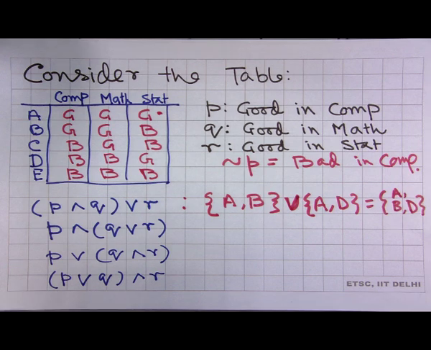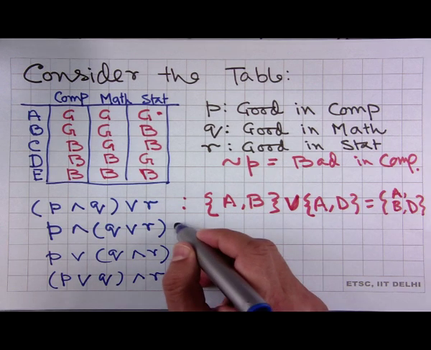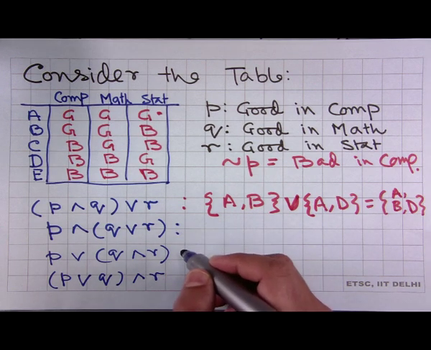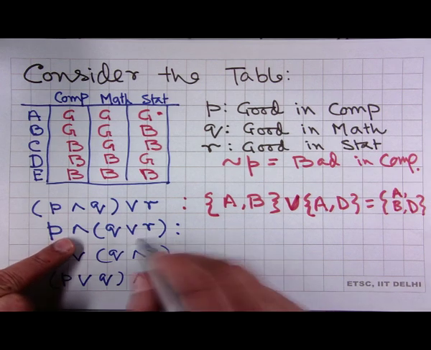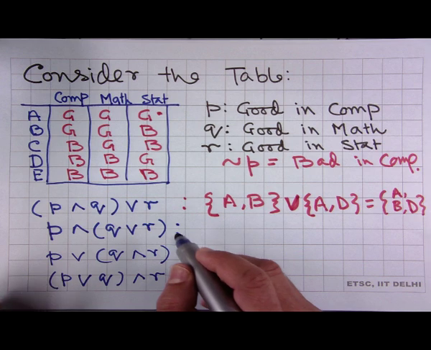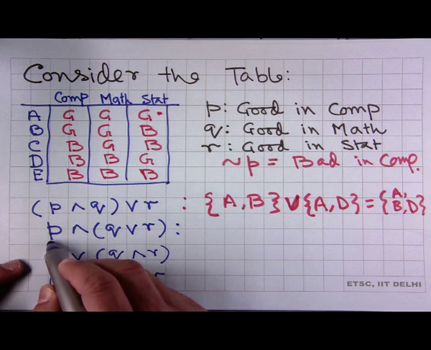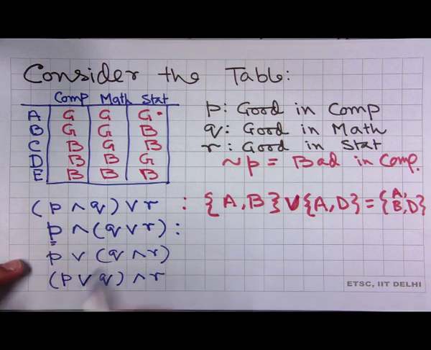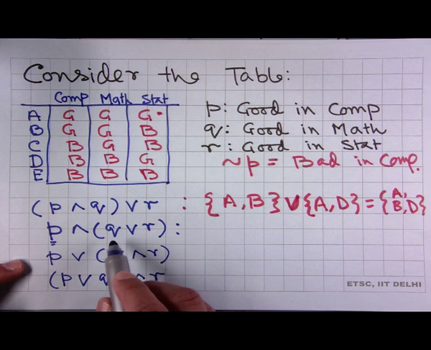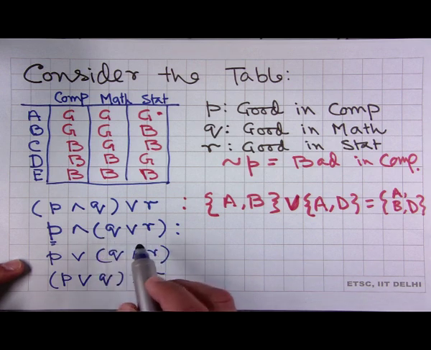In a similar way, let us look at P and (Q or R). That means somebody who is good in computer science and who is good in either one or both of mathematics and statistics.